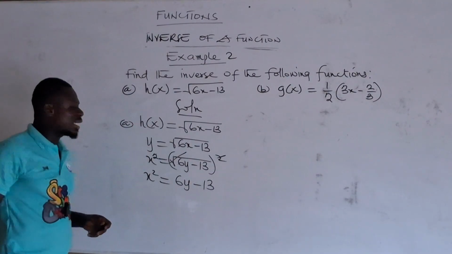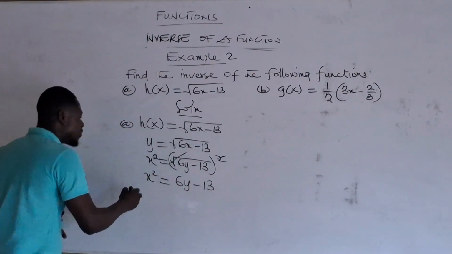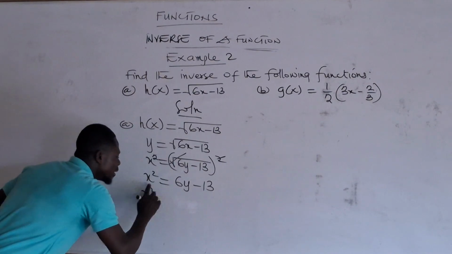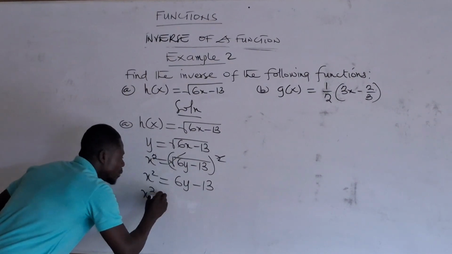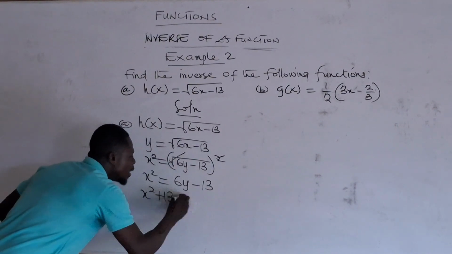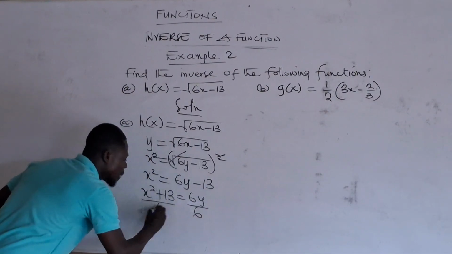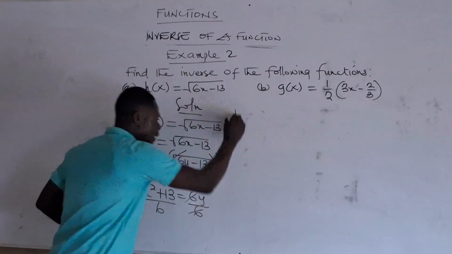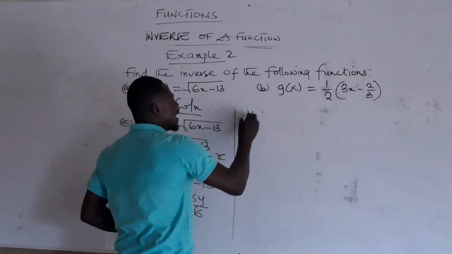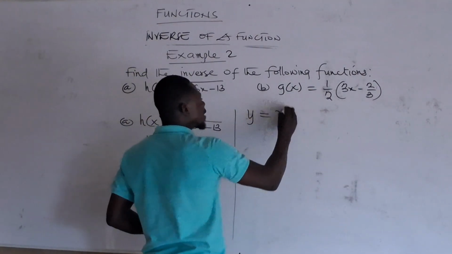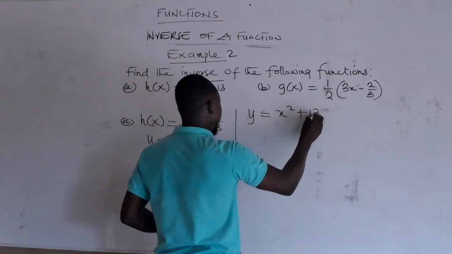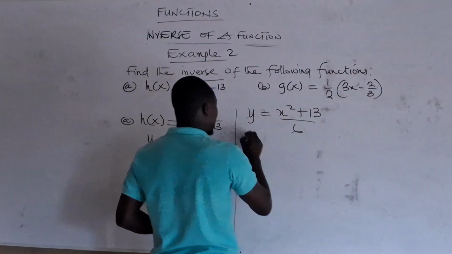How do we make y the subject? We bring the 13 here first. So x squared plus 13 will be equal to 6y. Divide here by 6, all this by 6. This cancels this. Now, my y is equal to x squared plus 13 all on 6.